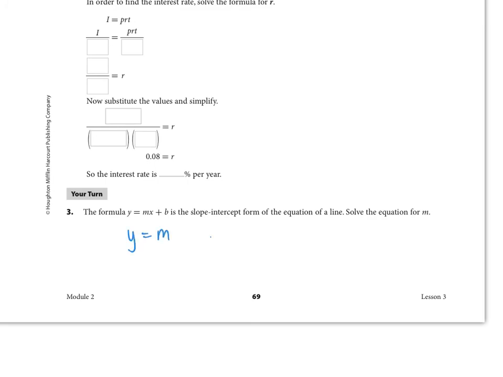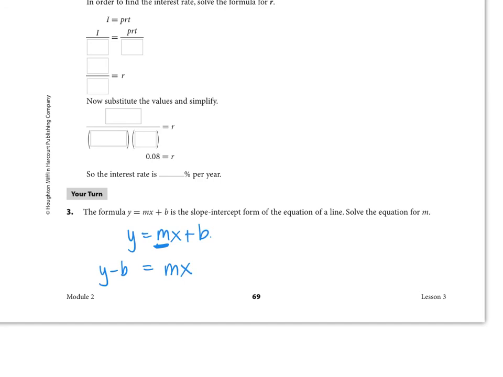Okay, y equals mx plus b. I want to get m by itself. So the first thing I'm going to do is subtract b on both sides. I'm going to use the subtraction property of equality. So subtract b, which means I'm going to have y minus b on the left side, and that plus b is going to be gone, so I have just mx.